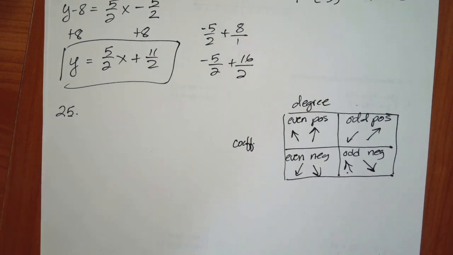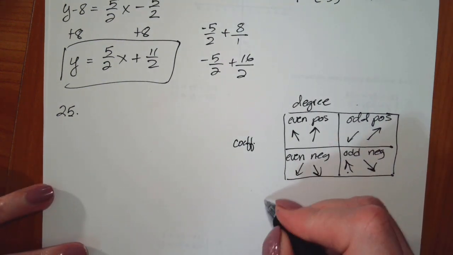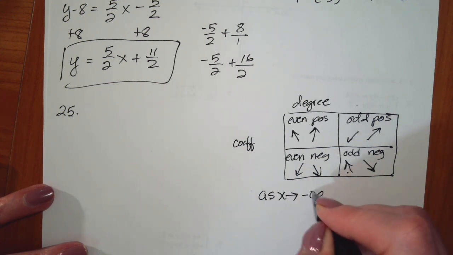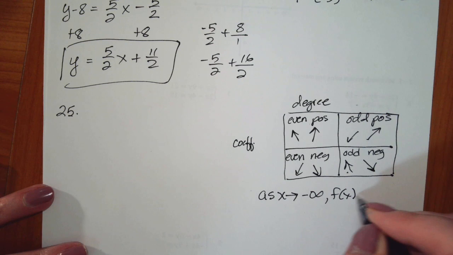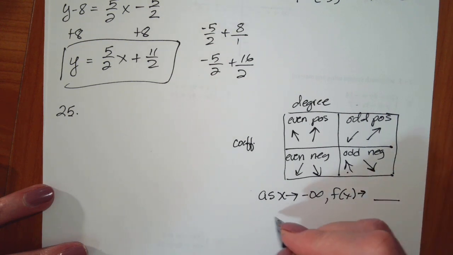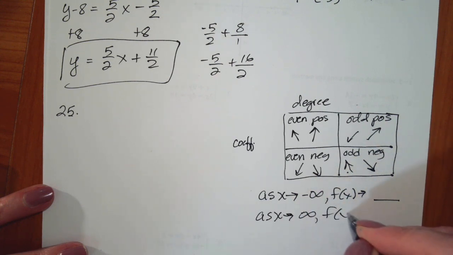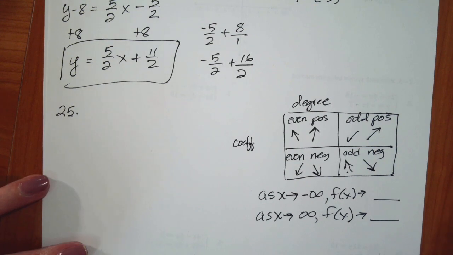And then, of course, we have to put it in proper notation, which is as x approaches negative infinity, f of x approaches something, and as x approaches infinity, f of x approaches something.